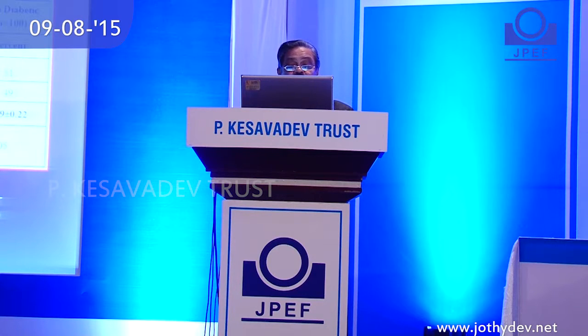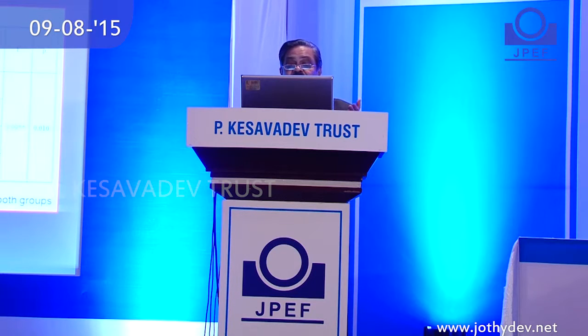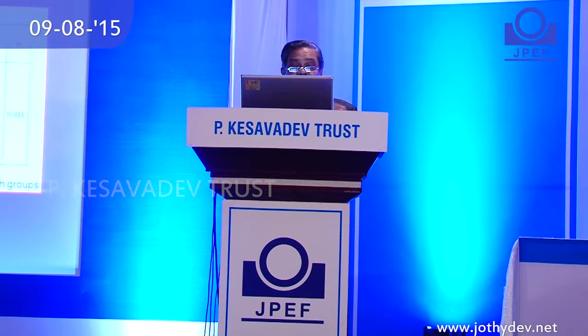This shows ABI and CIMT combined together, how ABI 0.9 and below was beneficial, its relation to CIMT, its relation to the various number of vessels involved in diabetic heart disease, and how it stood out as a test for this particular disease.